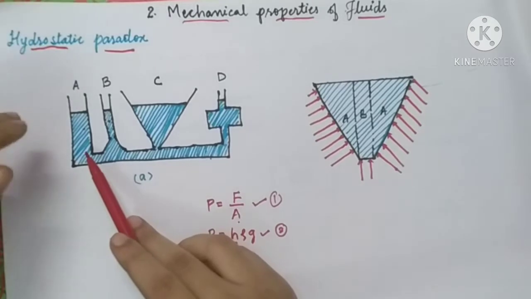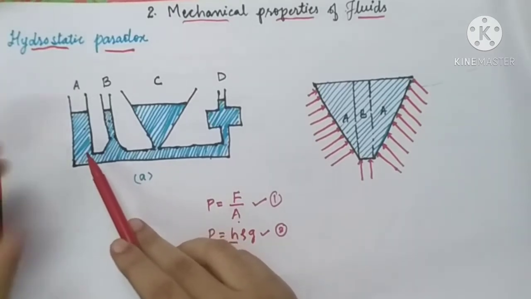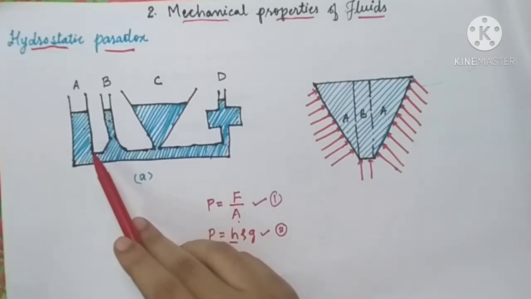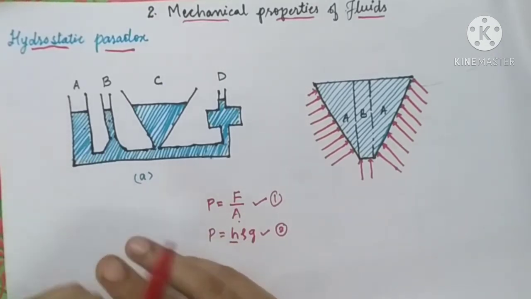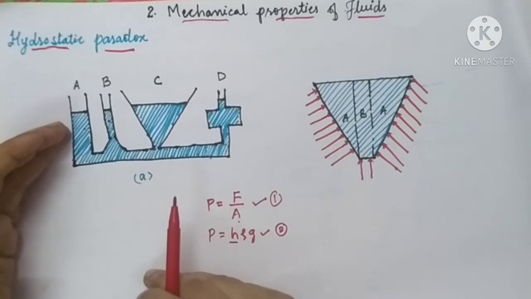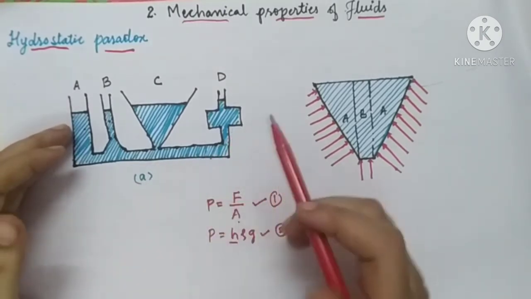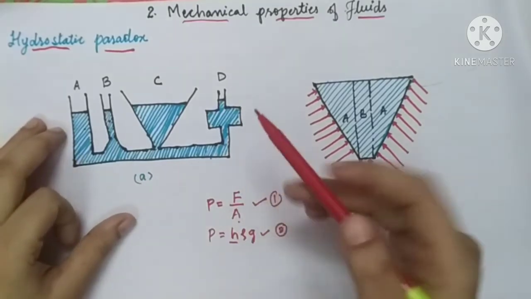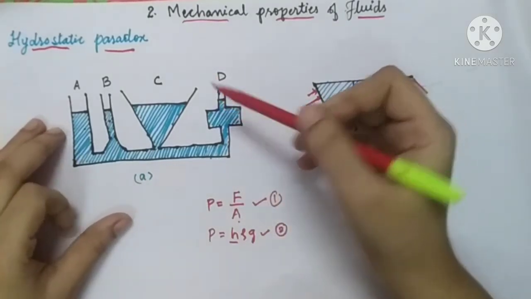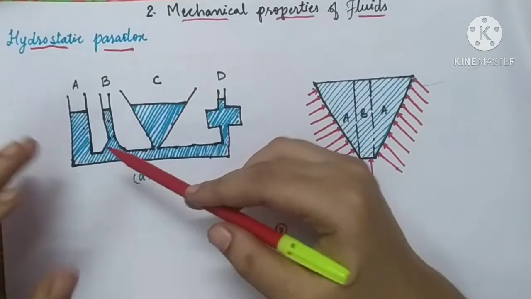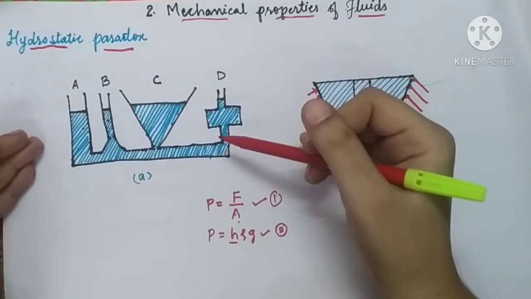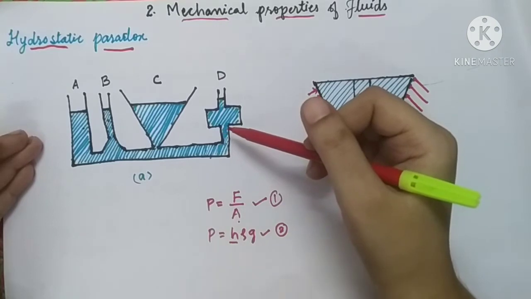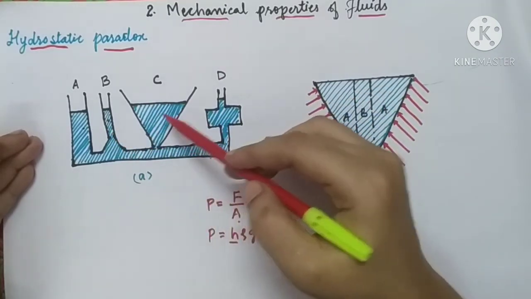When you start filling it with a liquid, after a state of equilibrium, the fluid will move equally into each container A, B, C and D.